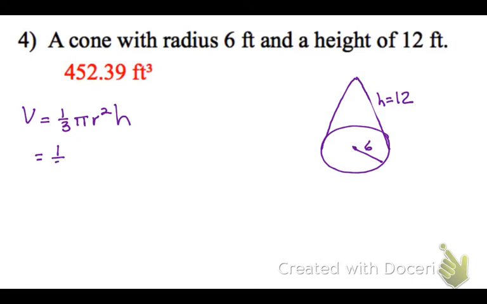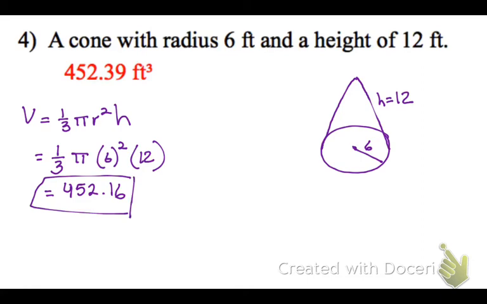So I'm going to have this set up: 1/3 times pi times 6 squared times 12. When you figure that out, long story short, that should be 452.16. I got .16 because, again, that's the pi rounding. The book got 452.39. Close enough.